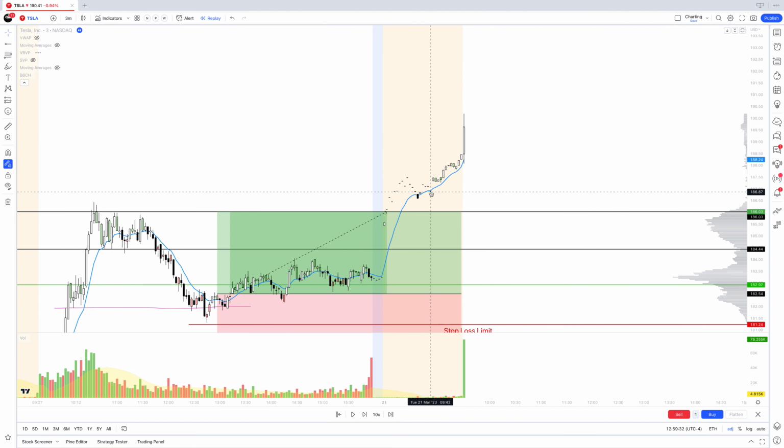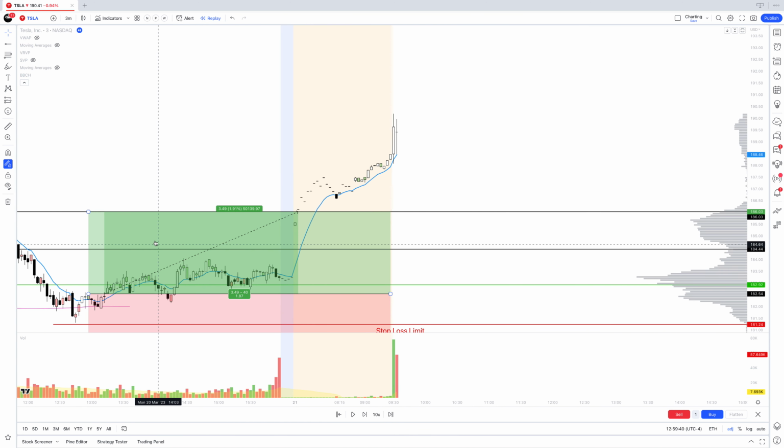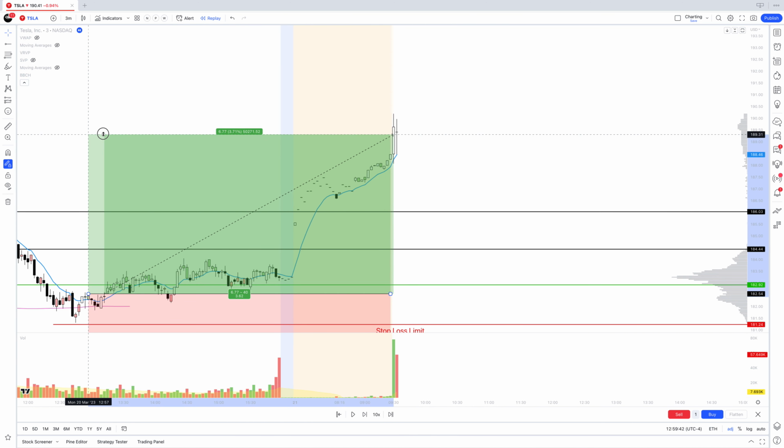On my broker, I am not allowed to buy or sell until 5 minutes into open. So we're going to count this as a 5-minute candle right here, and our exit would have been at 189.40, which would have been a killer of a trade. 189.40.